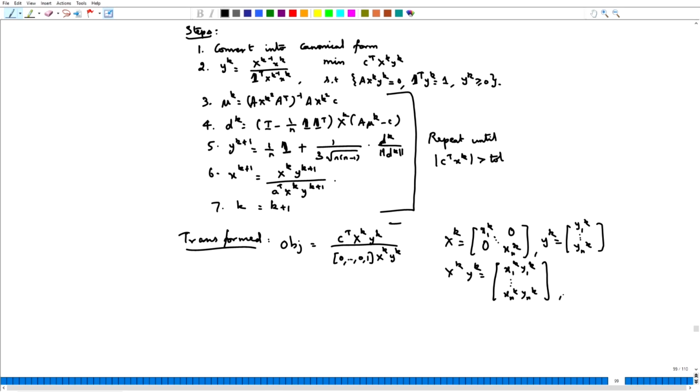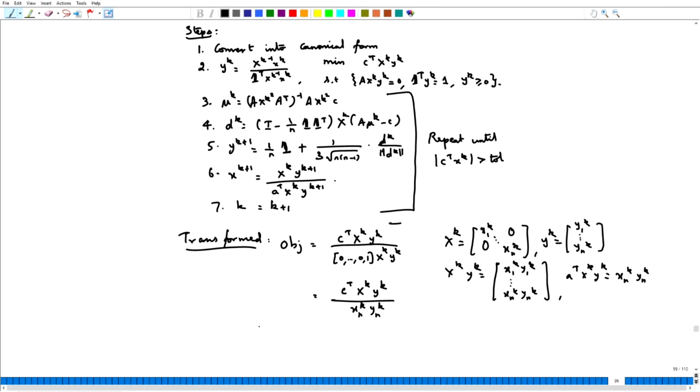Now, A transpose x k y k is just x n k y n k. So, the objective function actually becomes C transpose capital X k y k by x n k y n k. The nonlinearity comes only because of y n k here.